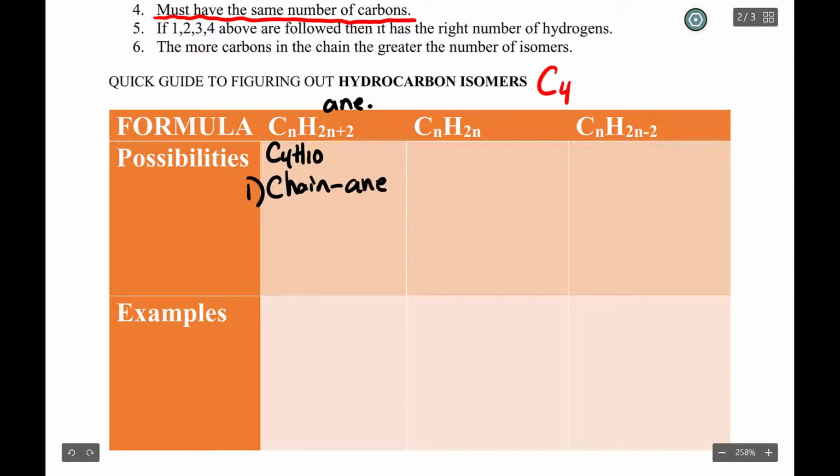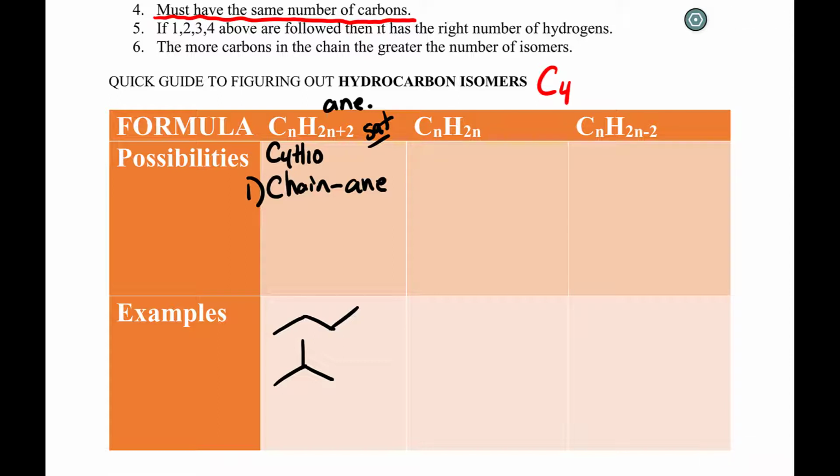There's one possibility. So examples would be just butane. That's butane. Or I could have 2-methylpropane. That's it. They're both chains. One's branched, one's unbranched. But there's very little of what you can do when you are completely saturated, because these are saturated. Okay.